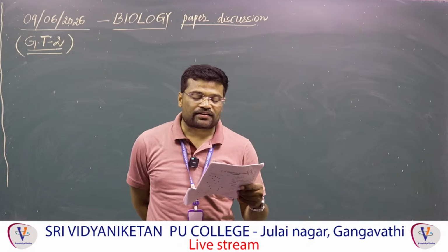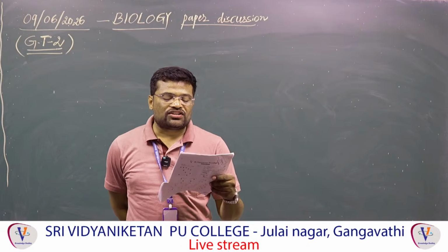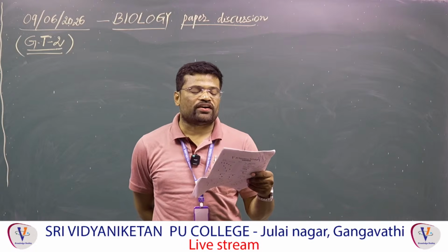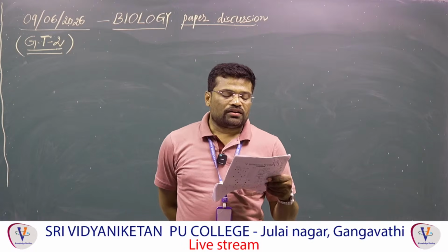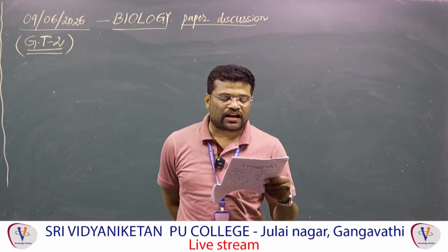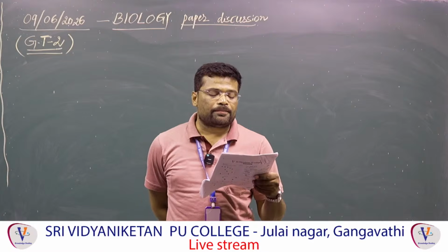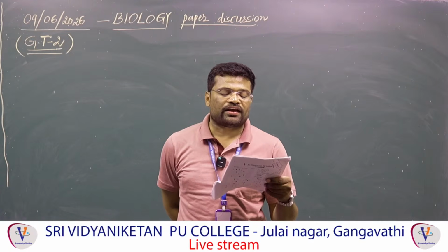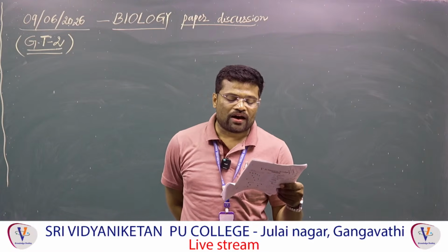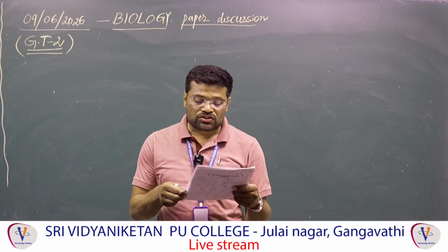So B is correct. C, direct destruction of RBCs by HIV virus. Wrong. D, transmission through sharing contaminated needles. Absolutely correct. So here A, B and D are correct; except C, all are correct. So answer is 2.